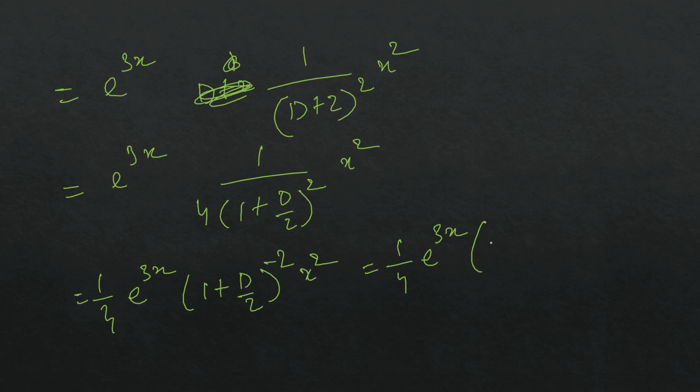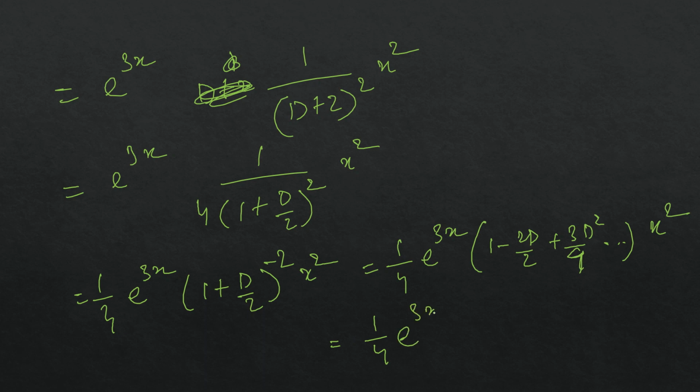So 1 by 4 e to the power 3x, 1 minus 2D by 2 plus 3D square by 4, it will go on like this, x square.